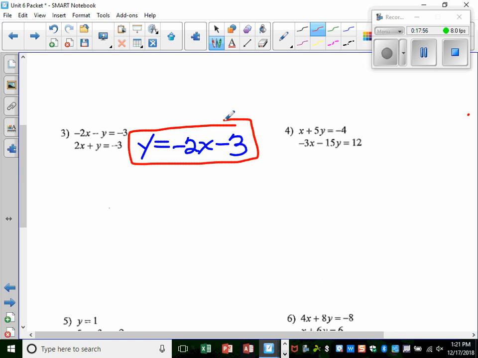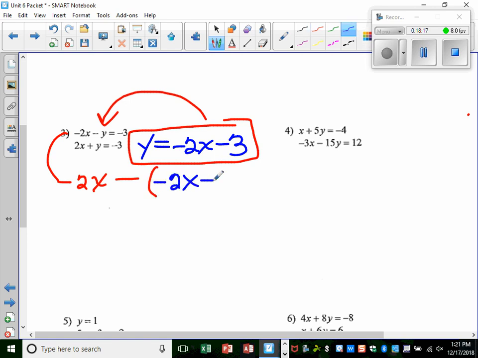Okay. Next step, where I see y in the other equation, I am going to substitute it with negative 2x minus 3. So I'm going to just bring down the negative 2x, minus sign. I'm going to replace y with this negative 2x minus 3 equals negative 3.